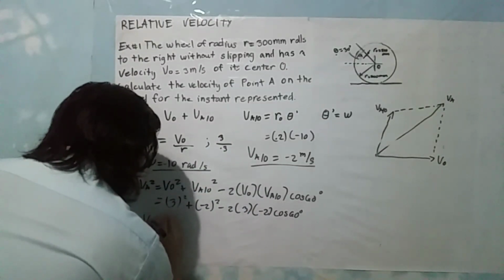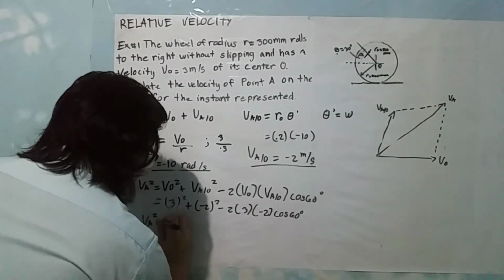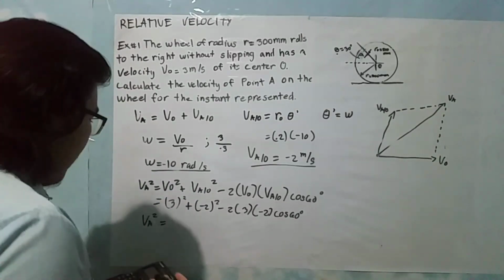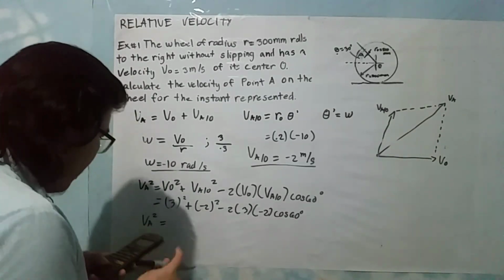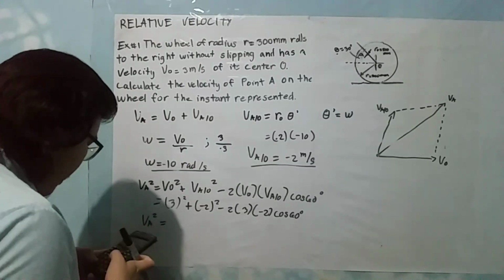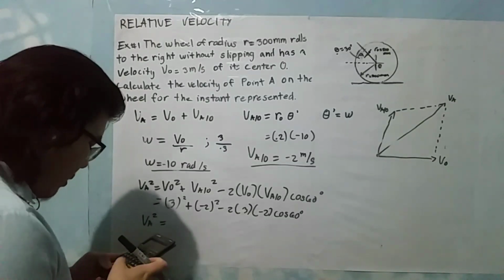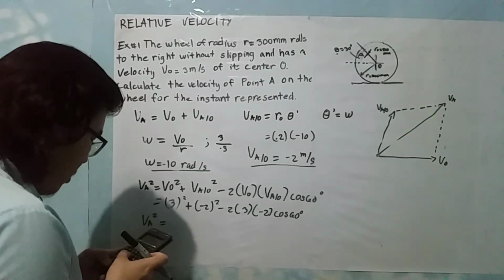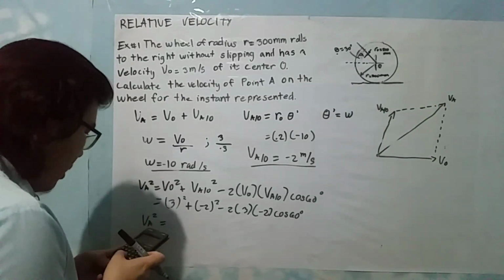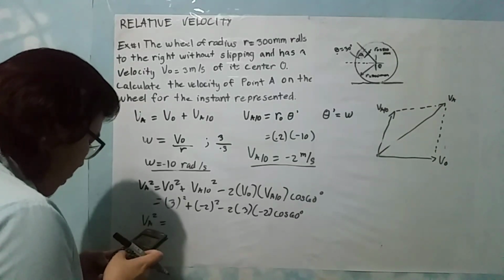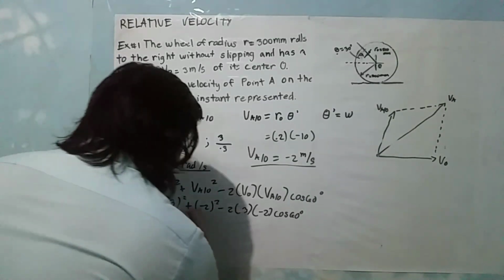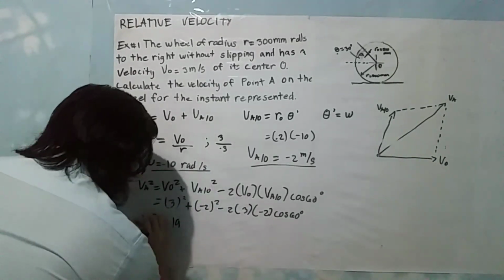Solving, we will not have a final answer yet because we're going to take the square root, since VA is squared. Solving this first: 3 squared plus negative 2 squared minus 2, 3, negative 2 cosine 60. We have 19. Square root both sides.